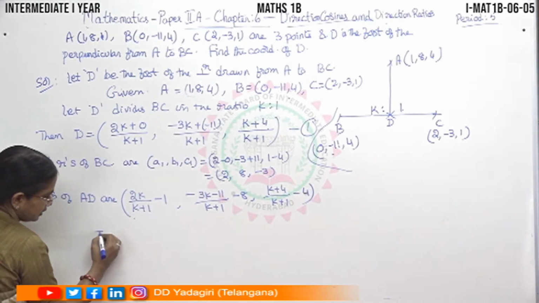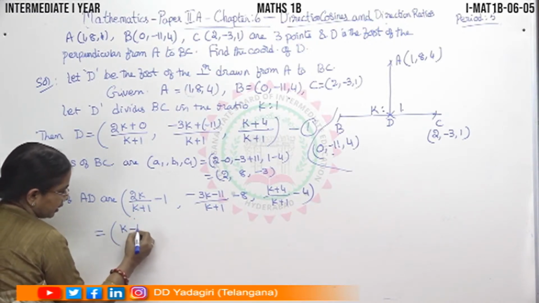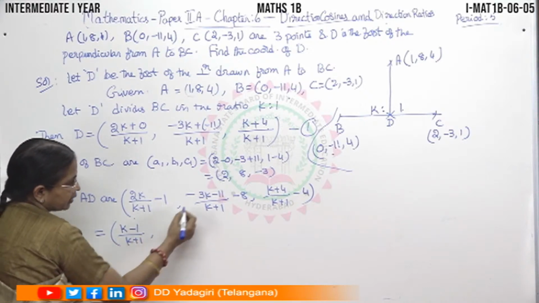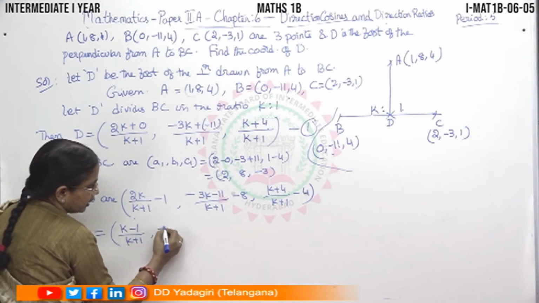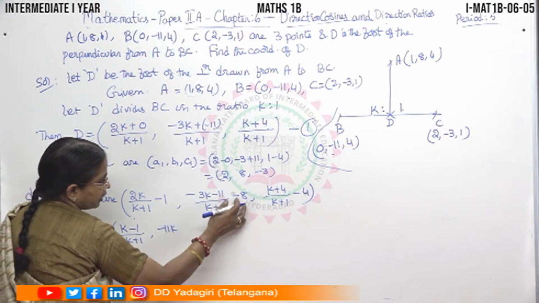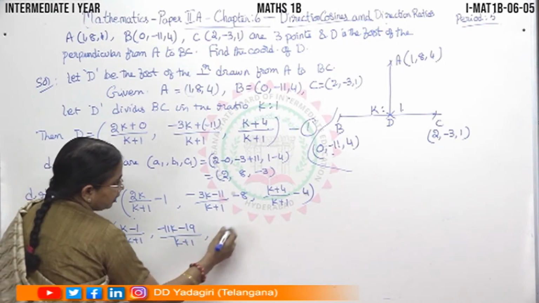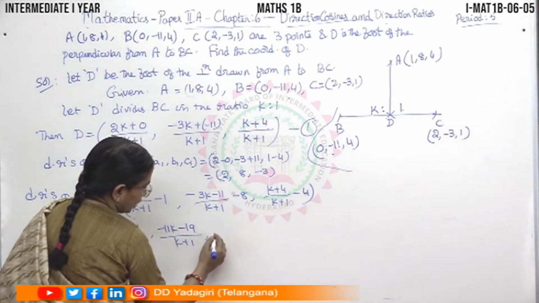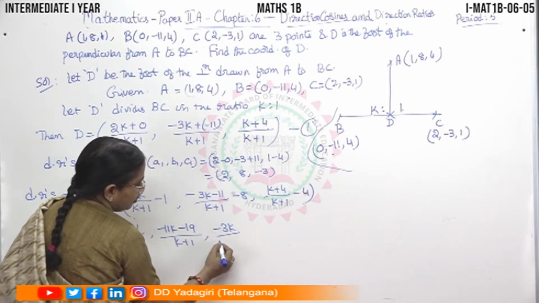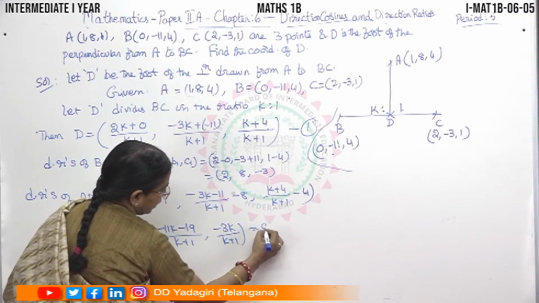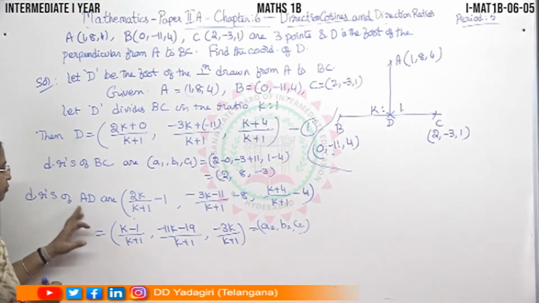This is equal to (k − 1)/(k + 1), then (−11k − 19)/(k + 1), and then (−3k)/(k + 1). So this is your a2, b2, c2. These are the direction ratios of AD.